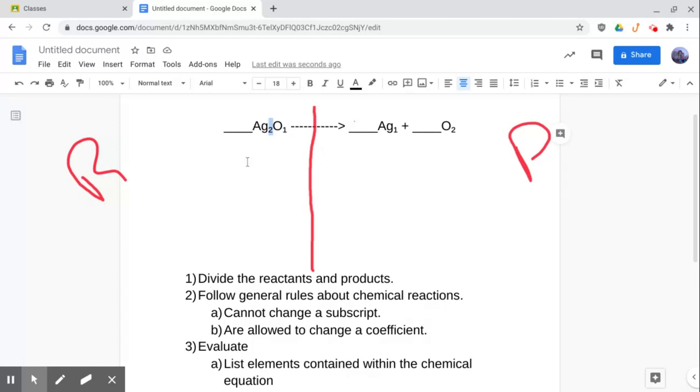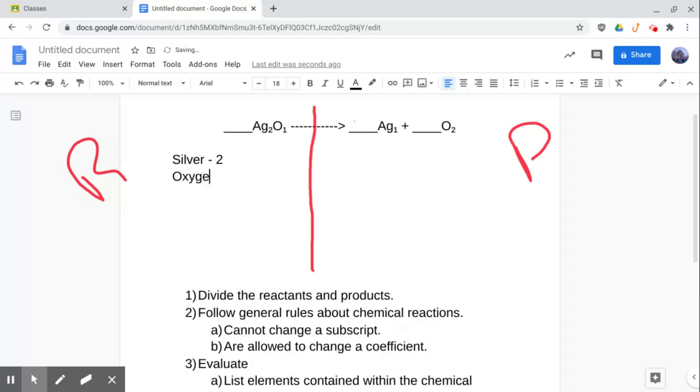Your third duty as you are balancing chemical equations is to analyze and evaluate the different elements that are contained in each chemical equation. So on the reactant side, Ag, as you now know because of the 25 common elements, stands for silver. And there are going to be 2 atoms of silver.